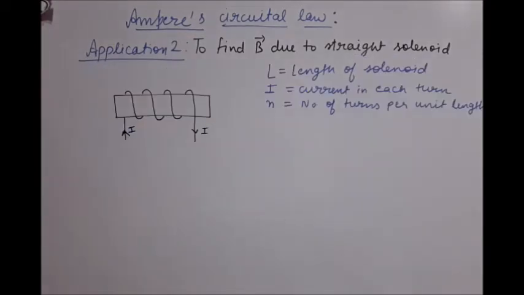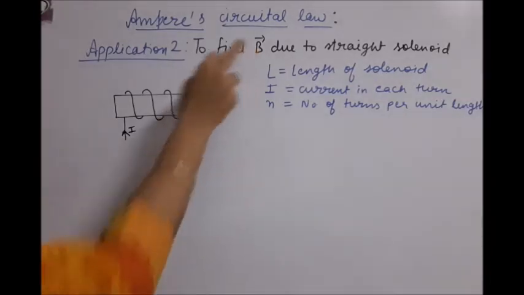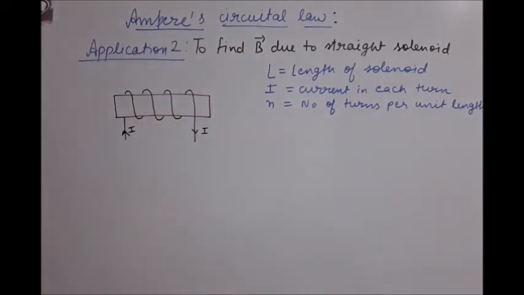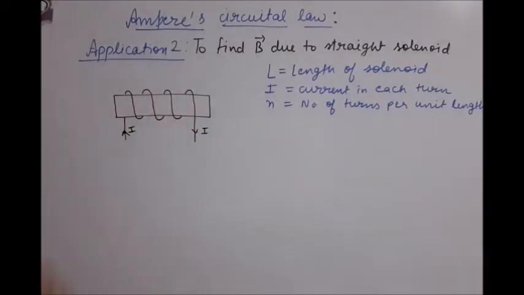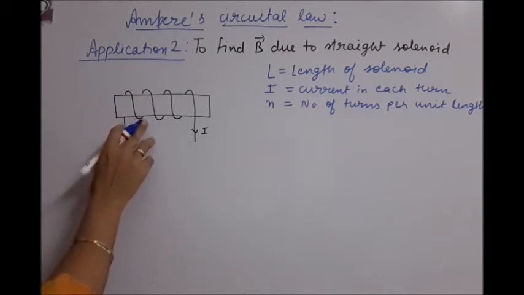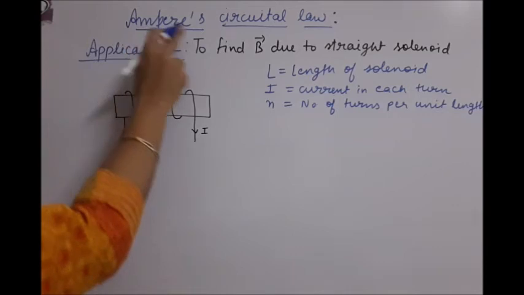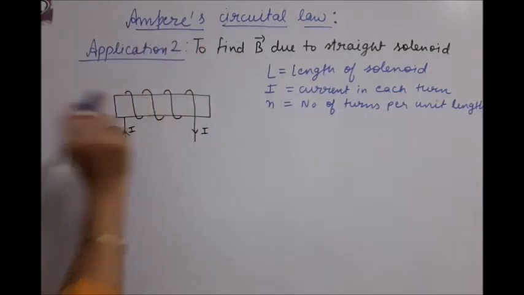Students, let us now find the magnitude of magnetic field B inside the solenoid. Outside, the magnetic field is 0. Inside, it is parallel to the length of the solenoid. This we have already discussed. Now we have to use Ampere's law to find magnetic field B inside it.